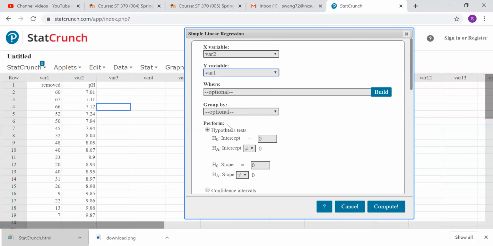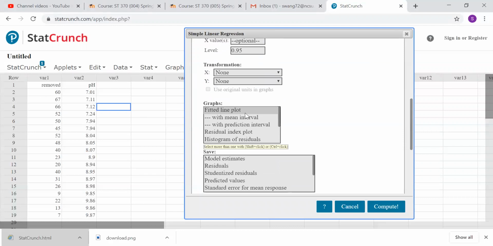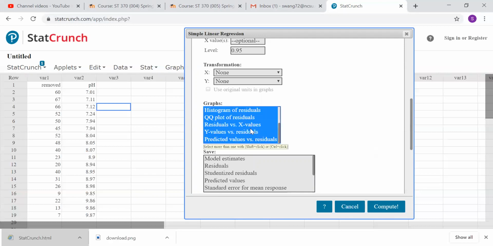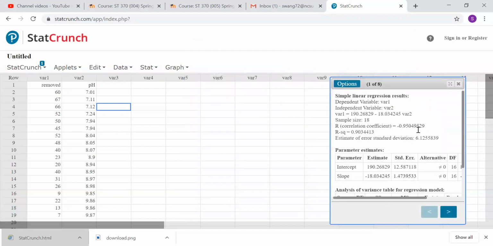Let's include all the graphs here. We actually don't need that much, but let me include all of them so we can see what they could provide you. So go Compute.